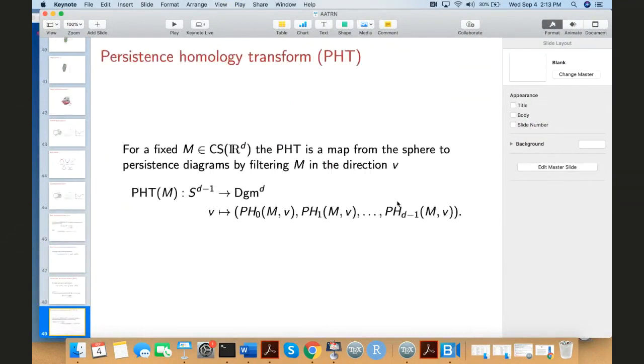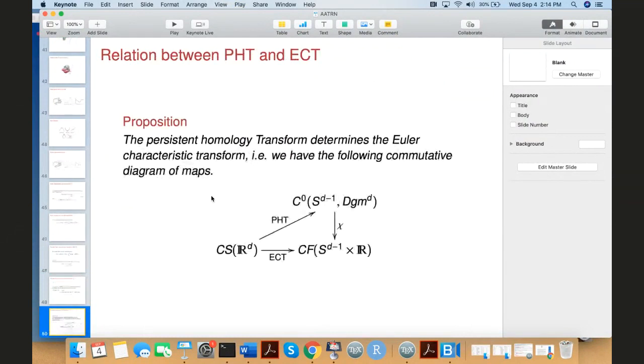Lastly, there's something called the persistent homology transform, where you're doing a Morse filtration in each direction V, and you compute zeroth, first, then whatever your dimension d minus 1 homology is. So it's a map from the sphere to diagrams. One can show, and this was shown in two papers, one by me, Justin Curry, and Kate Turner, and another by Rob Ghrist and some of his students, that there is a relation between the persistent homology transform and the Euler characteristic transform.